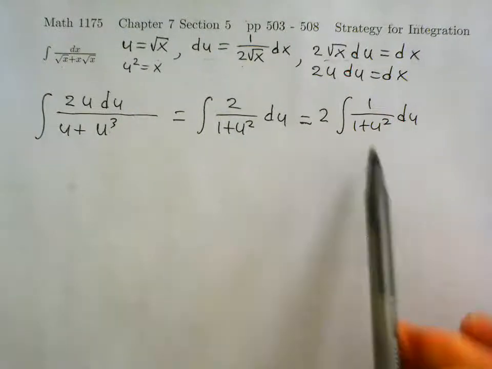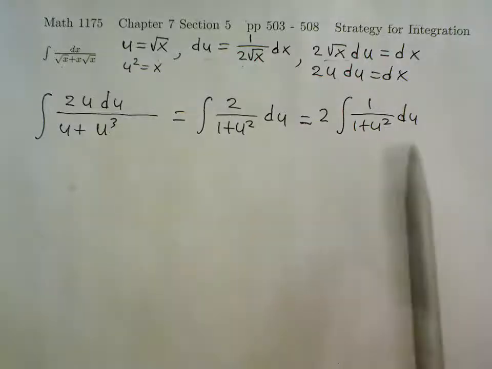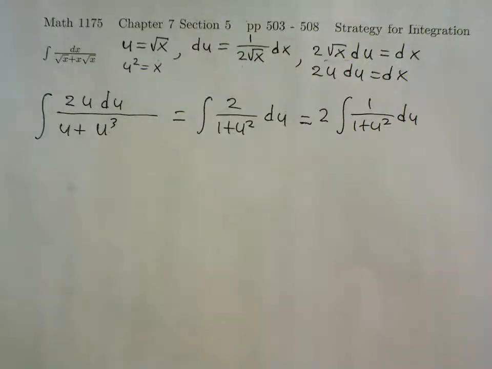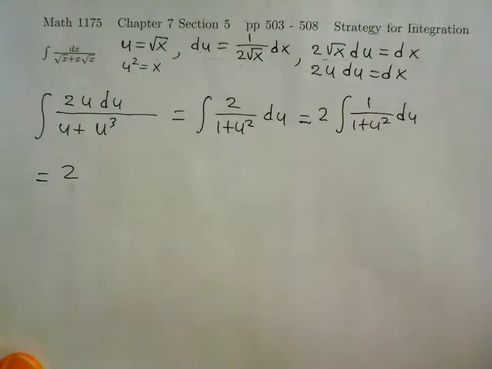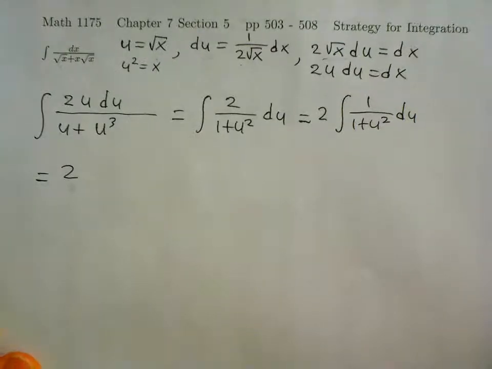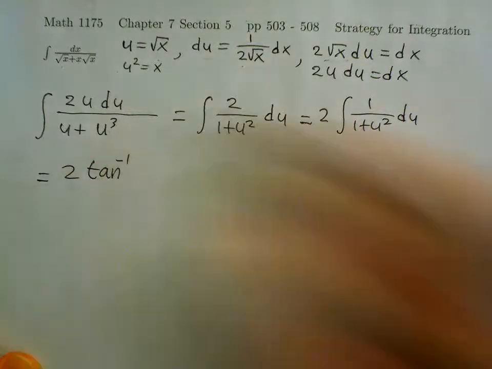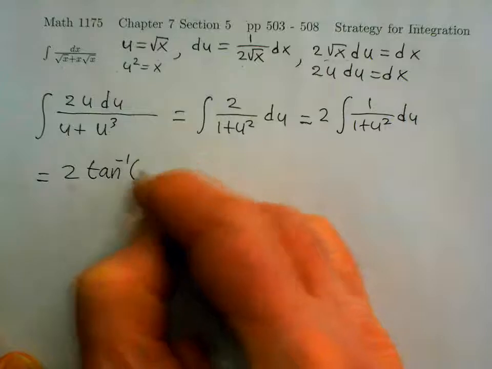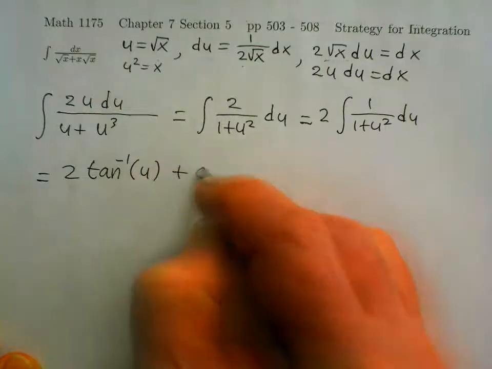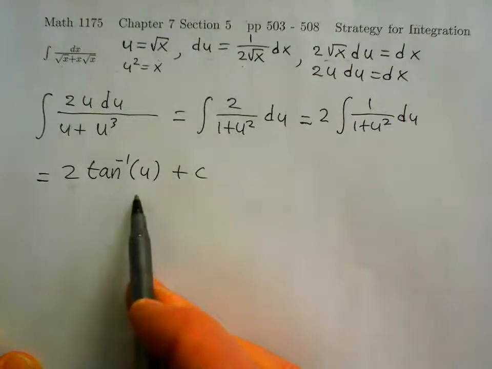And we've seen this kind of indefinite integral a few times. You might be able to just tell me what that's equal to. 2 times, yeah, 2 times the angle whose tangent is u, the inverse tangent of u, right?